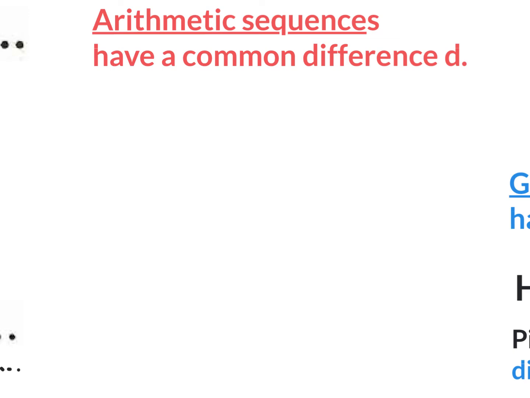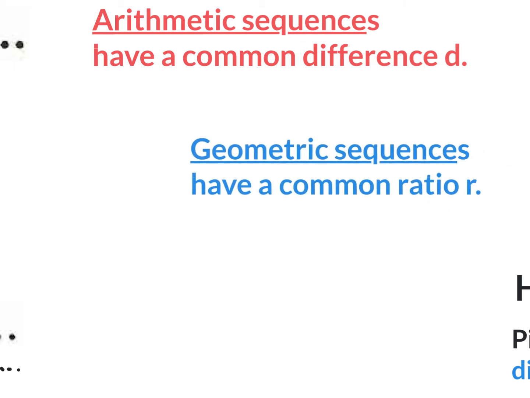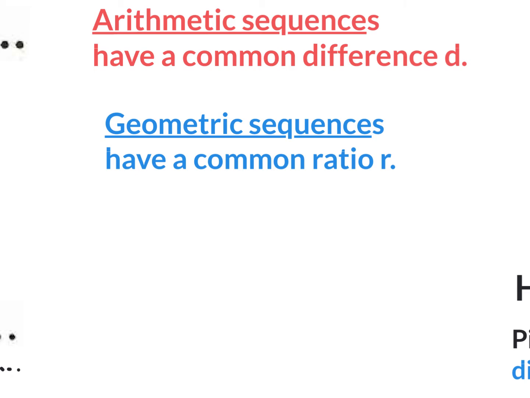An arithmetic sequence has a common difference D. Please write that down. And then, after you write that fact down, let's write this fact over here. Geometric sequences have a common ratio R. I want to pause it, copy it down, and then we're going to move on.